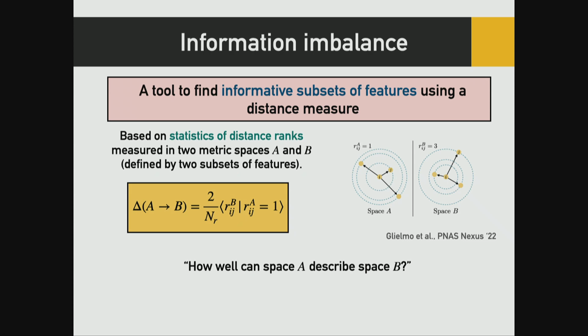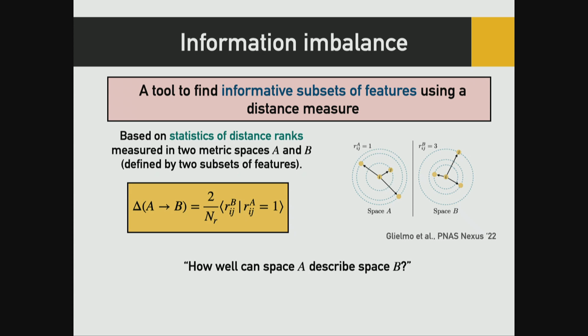Now let's say that according to space A, so according to this subset of features, the point I and the point J are nearest neighbors. So I encode that in the matrix R_A by putting the number 1, and that's the distance rank of this pair of points. But it could as well happen that if I use this other set of coordinates in space B, the same two points will now be third nearest neighbors.